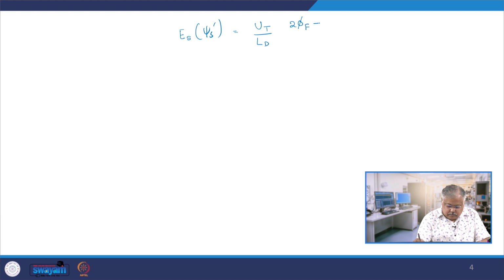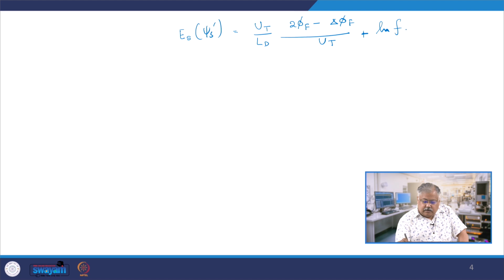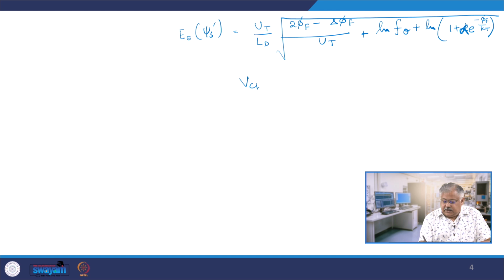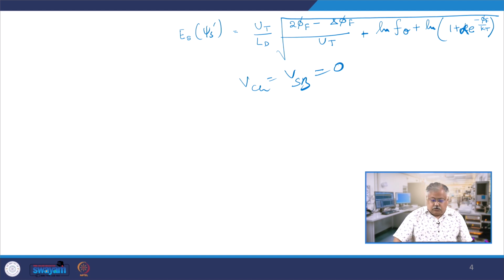Minus del phi f by Ut plus ln of f of theta plus ln of 1 plus alpha e to the power minus phi f by kT, and this will be in square root, where VCH equals VSB equals 0. So, my VSB has been taken to be 0 in this case. So, this is the electric field.